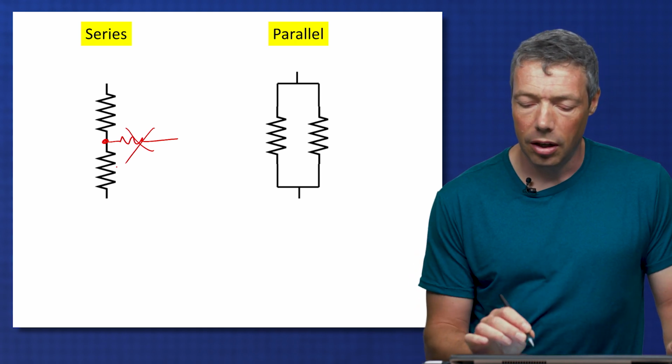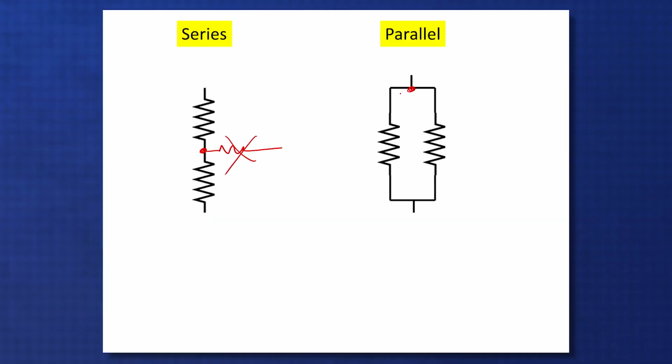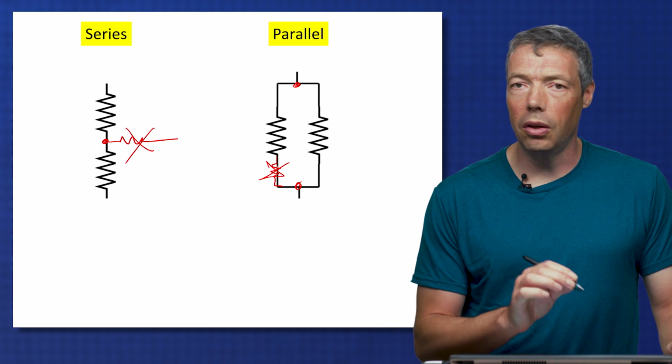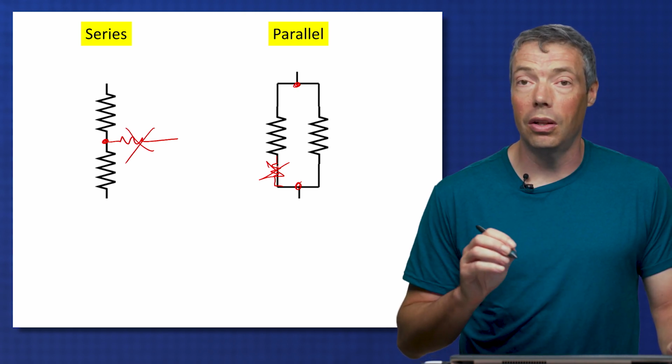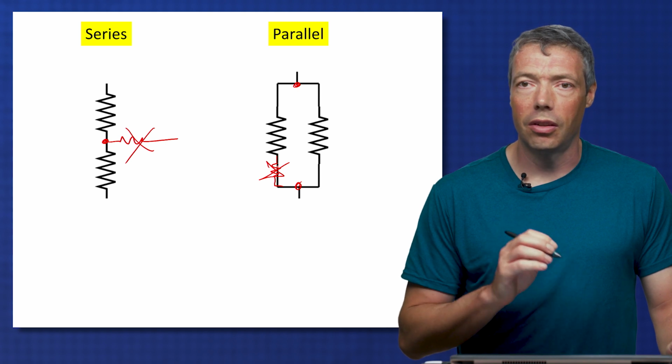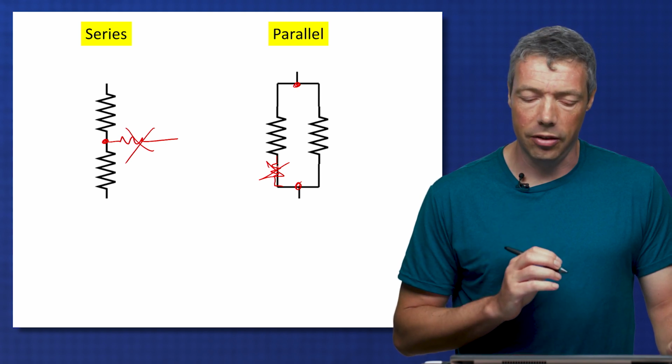For parallel, both ends have to be connected, and there can be nothing else in between. So if I have another resistor here, now these resistors are not in parallel. So it's really good to be able to identify exactly when the resistors are in series and when they are in parallel, because otherwise you cannot apply these equations.